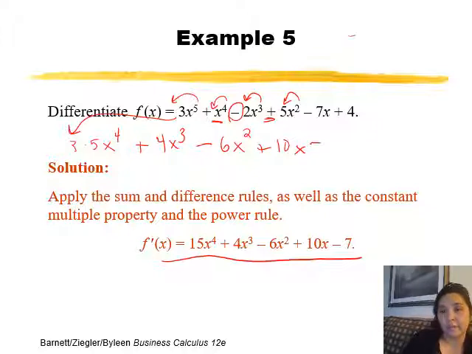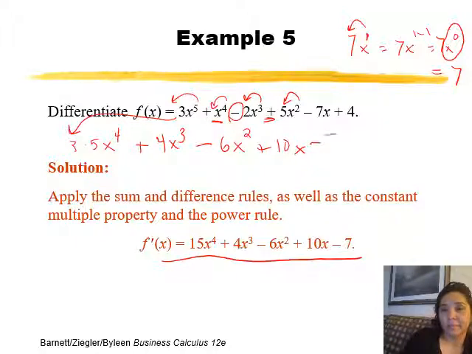So 7x, let's take a look at this a little bit more closely. It's really 7x to the first power, right? So you bring that down, and then you're left with 7 times x to the 1 minus 1, which is 7x to the 0 power. Now the 7 doesn't go away, but this x to the 0 power just becomes 1. And so the derivative of 7x is just 7.